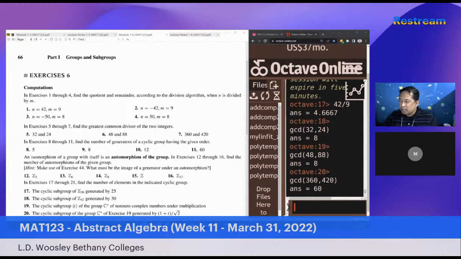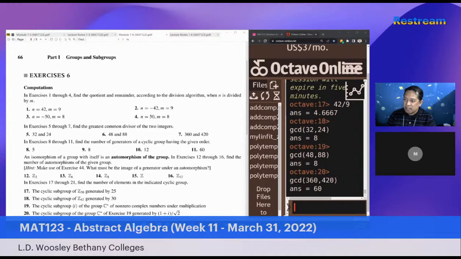Okay, an example here for number 12, Z2, the answer is there is only one automorphism, which is 1. 1 must be carried into the only generator, which is 1. So that's for C sub 2. C sub 6, number 13, there are two automorphisms. Now, 1 can be carried into either the generators 1 or 5. So the generators are 1 or 5 as far as Z6 is concerned.